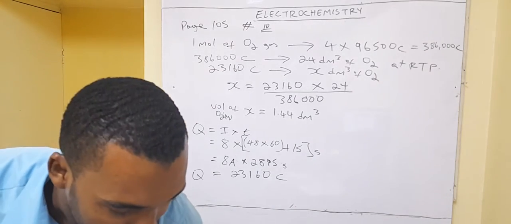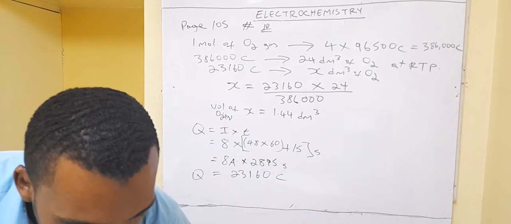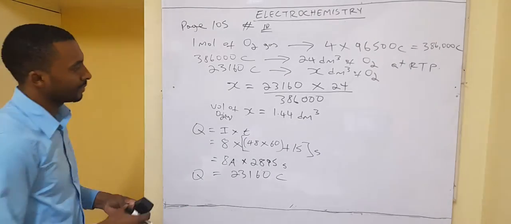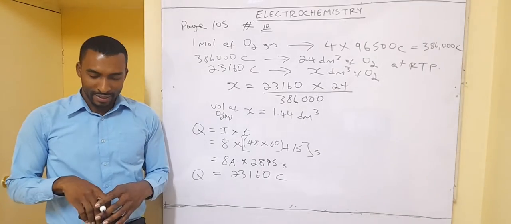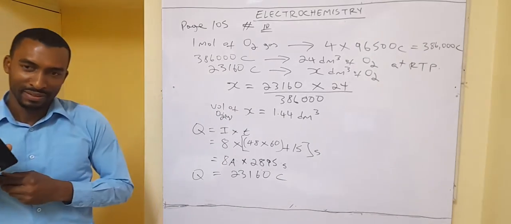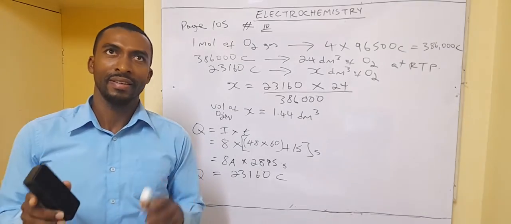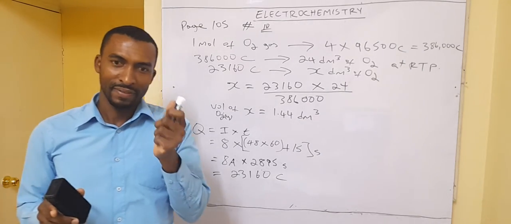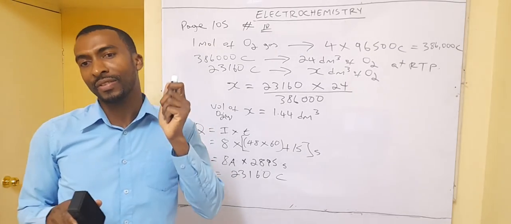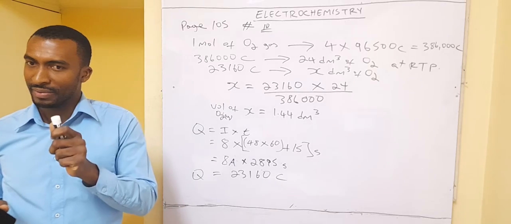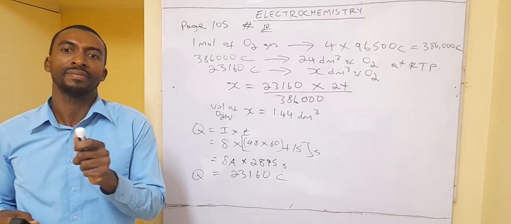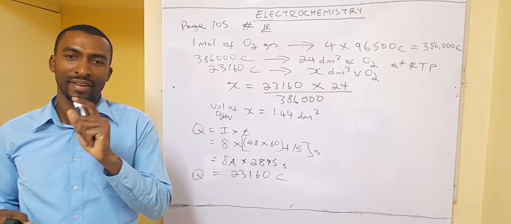Then the next aspect of the question asks: what mass of copper would be deposited at the cathode? So here, remember that the knowledge you would have to have is the Faraday constant: it requires 96,500 coulombs to discharge 1 mole of electrons, to discharge an ion which has a single charge.